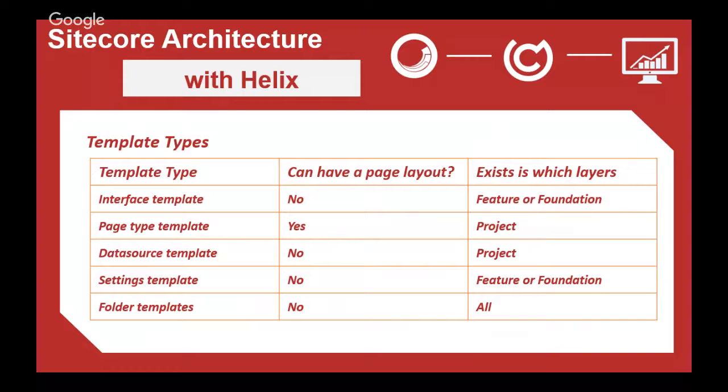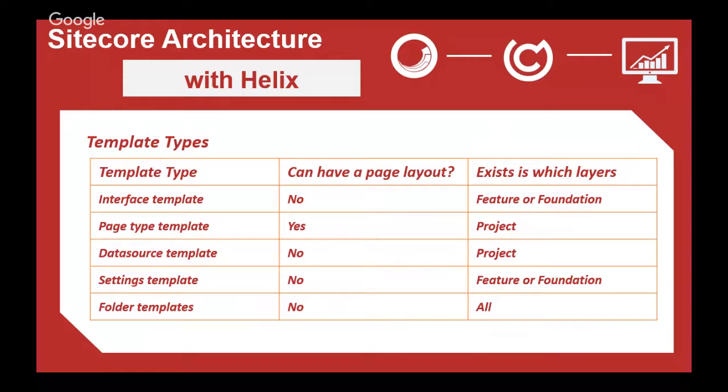So when we come to your pages, the items that reside under the home tree are the ones that are going to hold your presentation details. These are the ones called page type templates, and you can plug in whatever rendering you want on that item, and definitely it's going to be residing in your project layer.